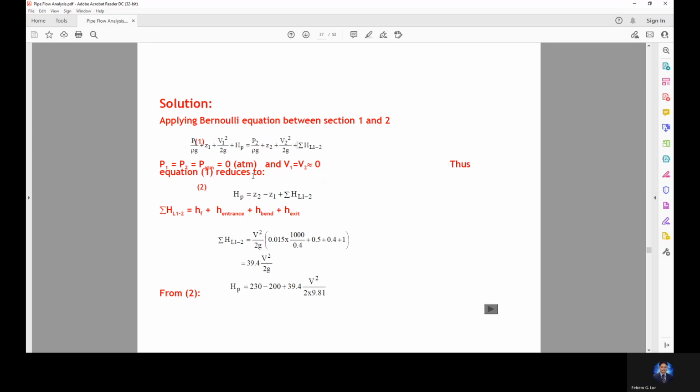As I've said, pressure is equal to atmospheric pressure, so the gauge pressure is 0. Velocity, as I explained earlier, we can just equate to 0.